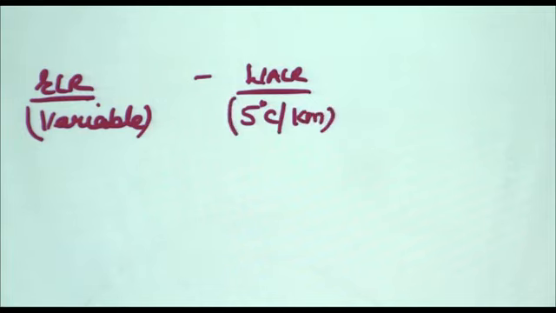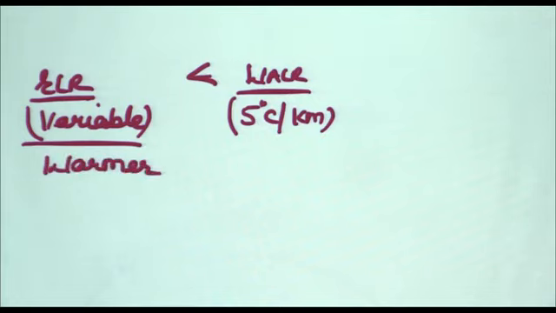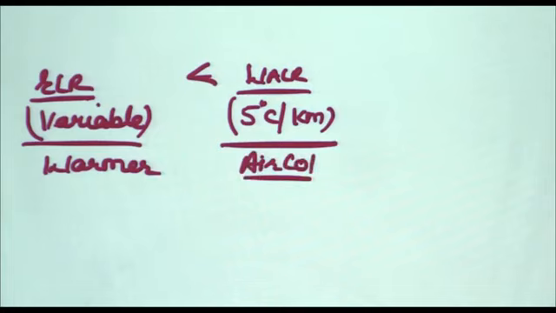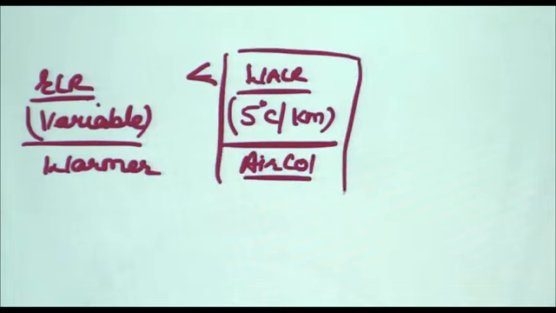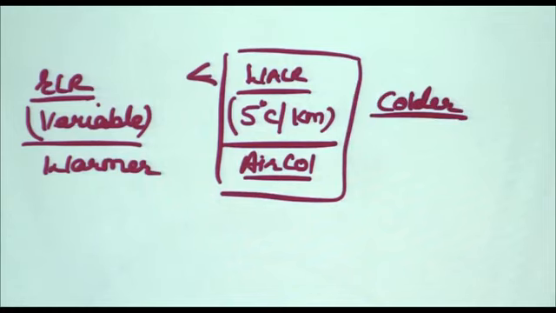So if the environmental lapse rate is lesser than wet adiabatic lapse rate, what does that mean? That surrounding will be much warmer than the air column that is rising. So will it not be that the air column will become colder in due course of time and will stop rising?